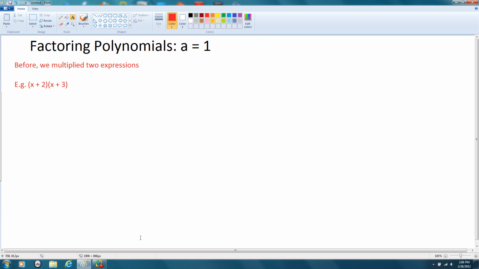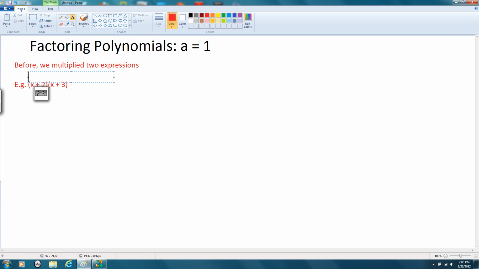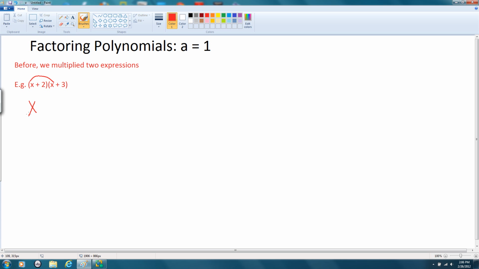First of all, I want to go back to what we've done before. When we did these things before, we had two expressions and we multiplied them together, and we remembered FOIL. So we could go x times x, and we would get x squared.